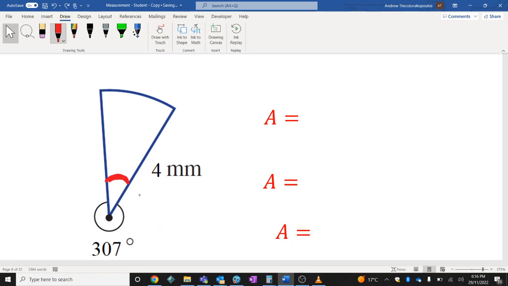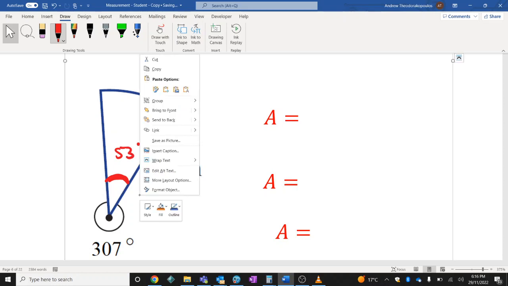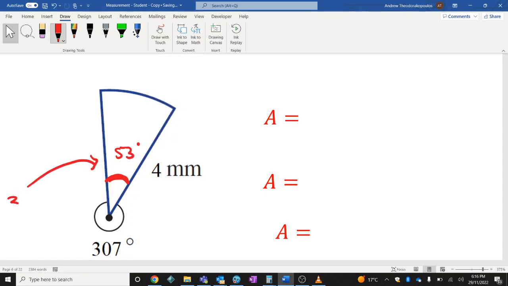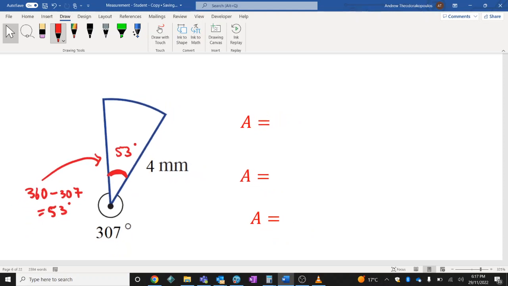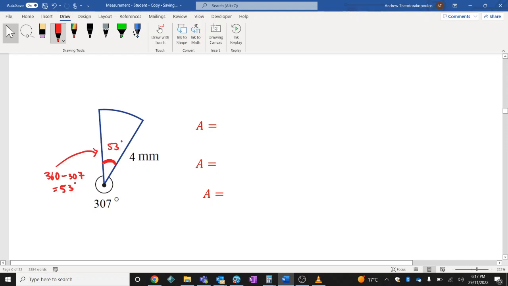So this here should be 53. And how did I get that? I got that because 360 take away 307 equals 53 degrees. So that's the tricky part of this question, is knowing which theta to use. So then we just go from there.